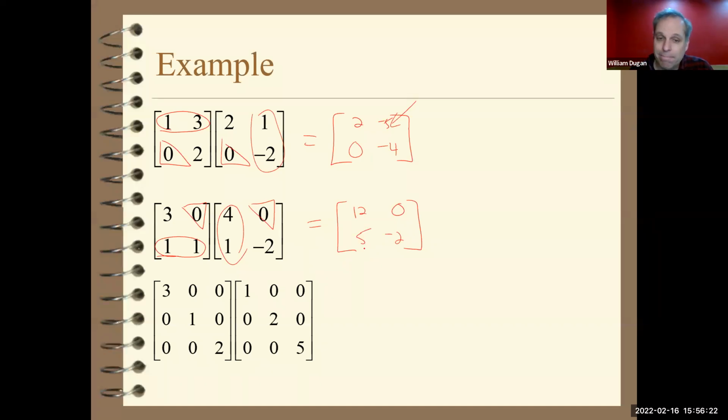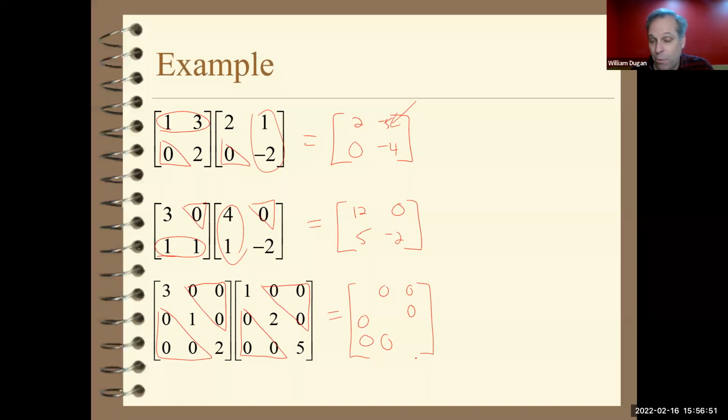And that's the product. The last one, notice that this is upper triangular, but it's also lower triangular. That means that both facts I just gave you are true. So the result is upper and lower triangular, which means it's a scalar matrix. So you have 0, 0, 0, and only the entries on the main diagonal you have to worry about.